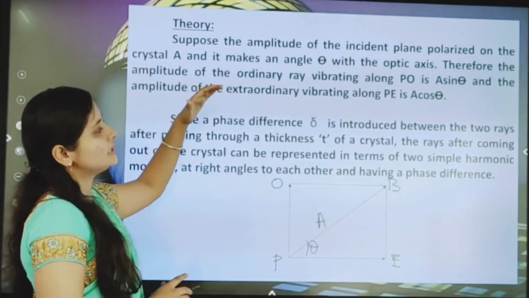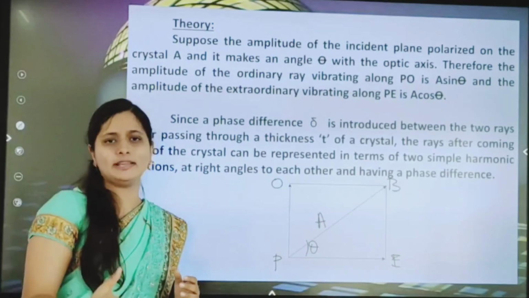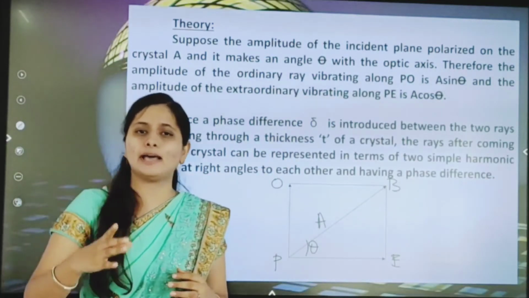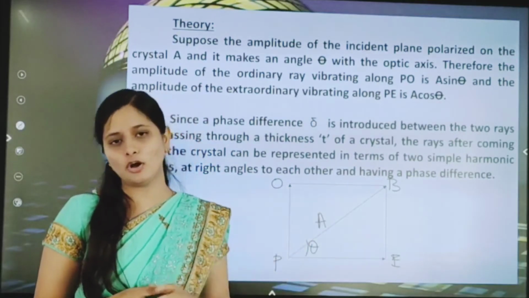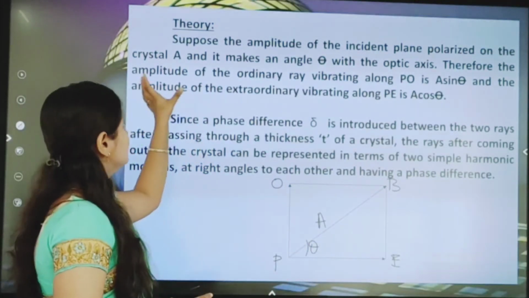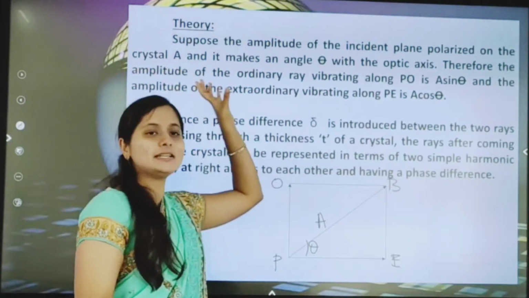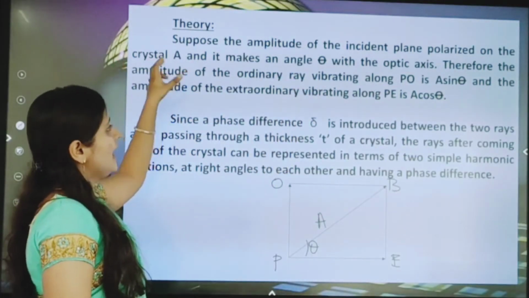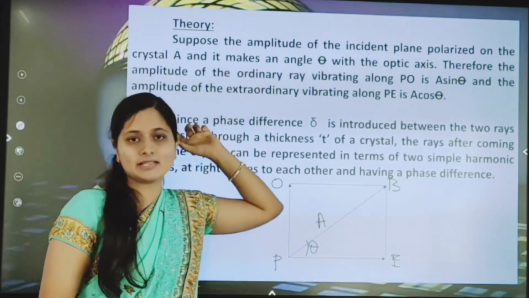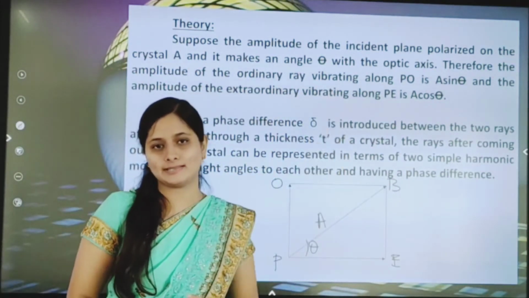Next, with the optic axis. We already know that P is cut parallel to the optic axis. So suppose the amplitude of the incident plane polarized light on the crystal is A and it makes an angle theta with the optic axis.